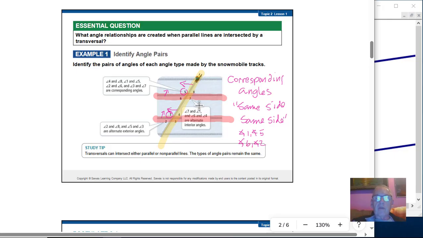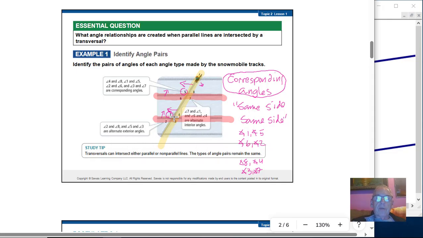On the other side of the transversal line, to the right and above, we have 8 and 4. And we would also have angle 3 and 7. So these would all be corresponding angles if you have parallel lines cut by a transversal.